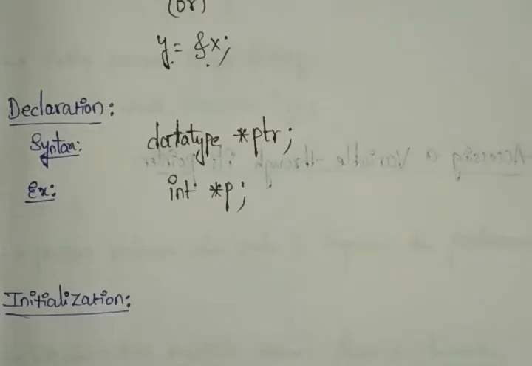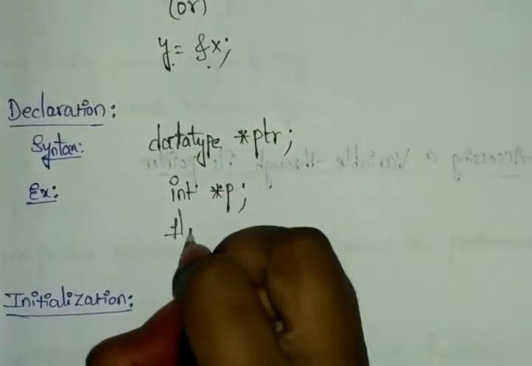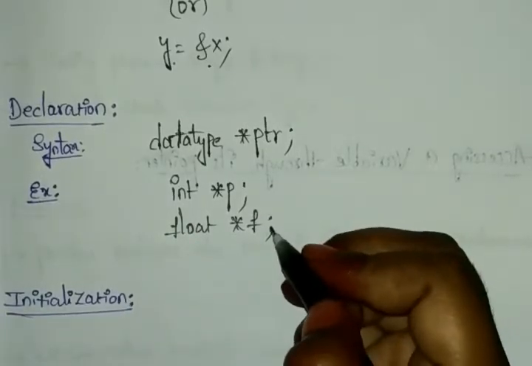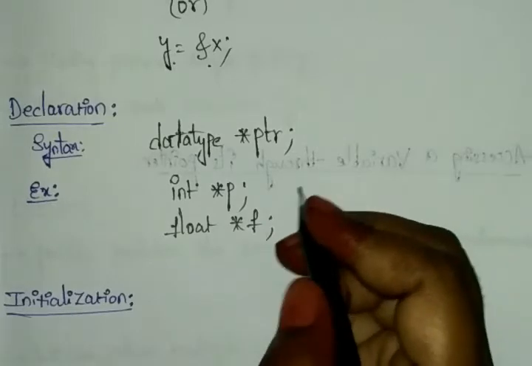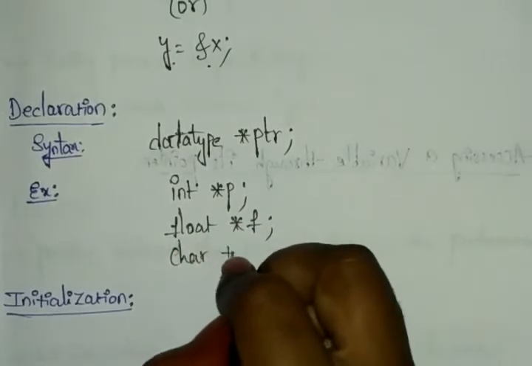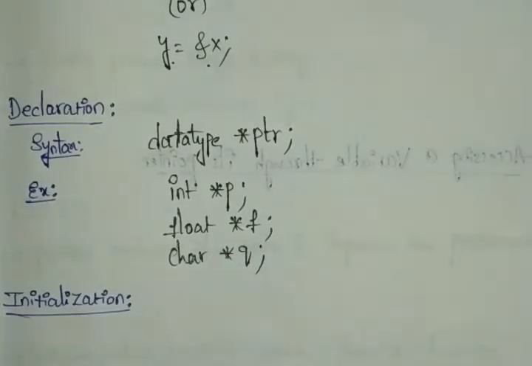For example, here I am choosing float, pointer f, like that also you can define. And if you need, character, character pointer q, like this also you can define. Means by using any data type here we can define our pointer, that is possible.